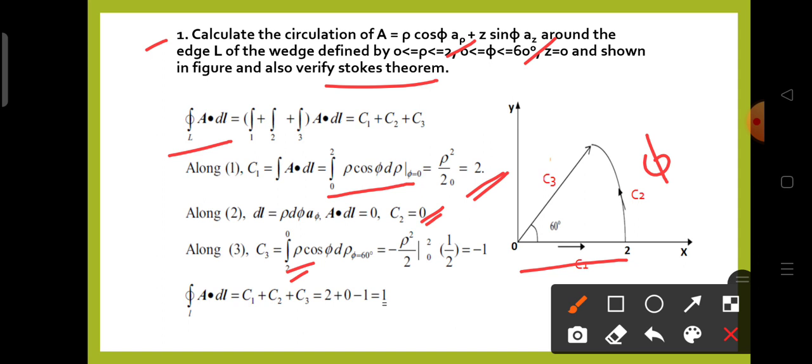So rho d rho gives rho squared by 2. Here the limits changed from 2 to 0, instead of 0 to 2, that's why minus is used. So the answer is minus 1. If we add 2 plus 0 minus 1, we will get 1 as the final answer. This is the left hand side of the Stokes theorem.